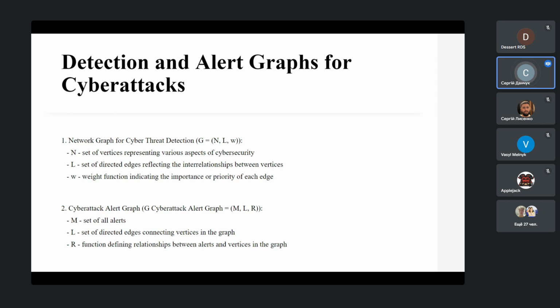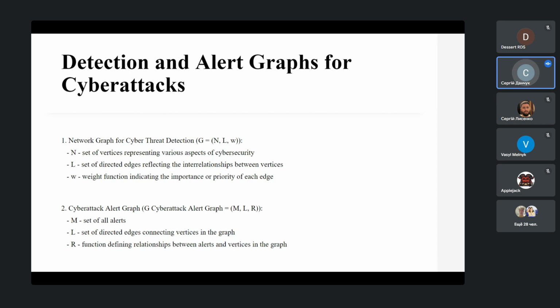The network graph for cyber threat detection, with a set of vertices representing various aspects of cybersecurity, L a set of directed edges reflecting the relationships between vertices, and W a weight function indicating the importance or priority of each edge.